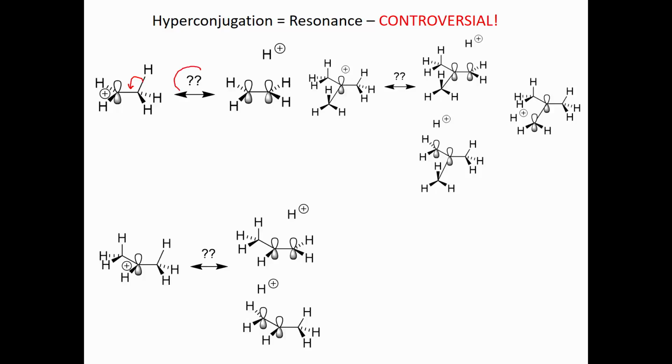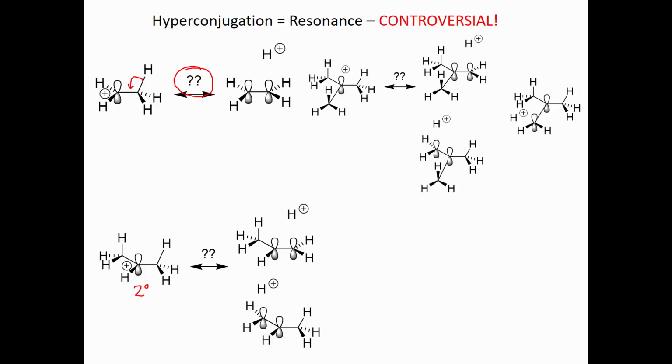Okay, so I put the question here just to remind you that not everyone believes that these qualify as resonance structures. All right, so when we go to the secondary carbocation right here, what you see is that there's two ways you can write this.